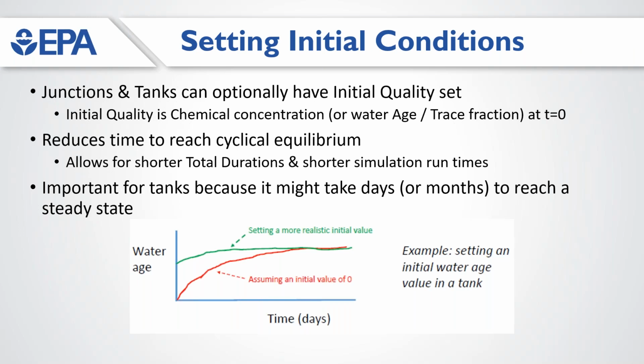Setting initial conditions, like chlorine concentrations in the model, is an optional step, but can be very beneficial, especially at reservoirs and tanks that can take very long times to reach equilibrium. Setting initial conditions can reduce the necessary simulation durations and therefore simulation runtimes to just a fraction of what would be required if you didn't set the initial conditions.